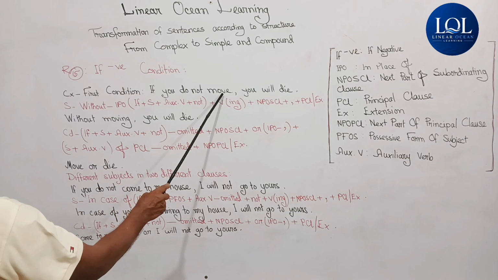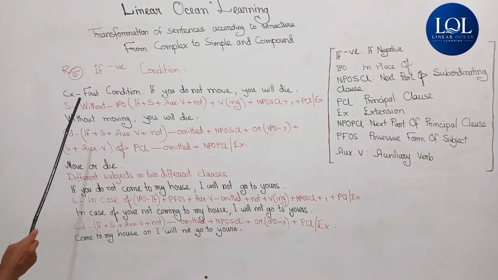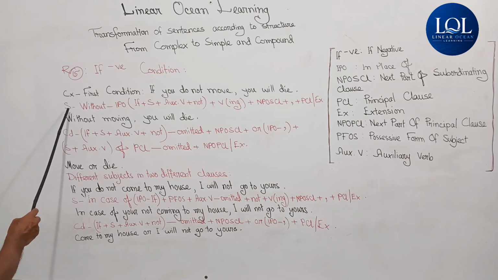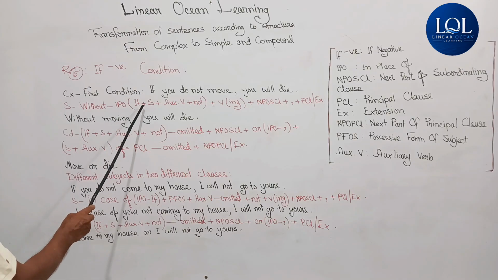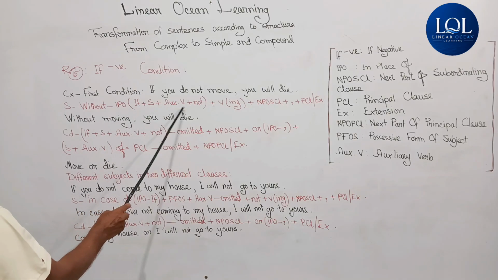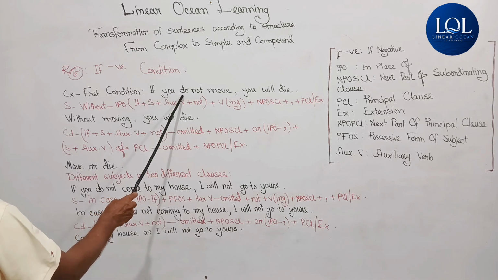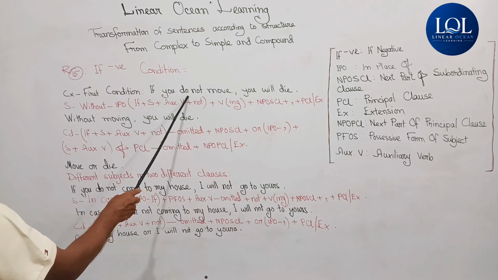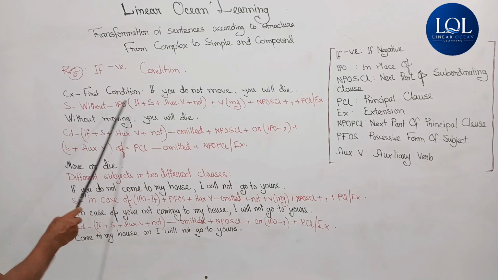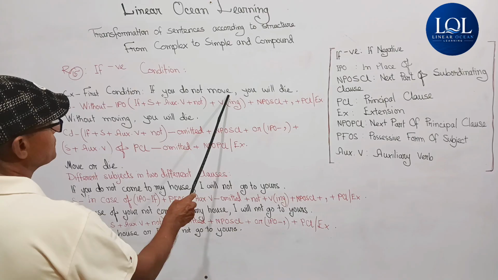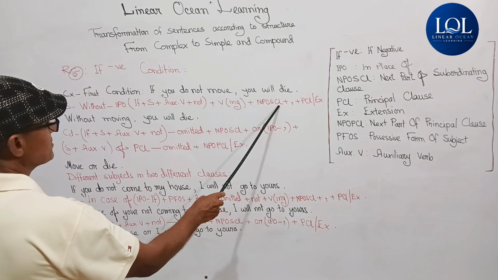Now let us come to the example. If you do not move, you will die. To make it simple, we need to follow this structure. Without, IPO means in place of, if plus subject plus auxiliary verb plus not. In place of these words, we have to write without, plus verb ing, plus next part of subordinating clause.